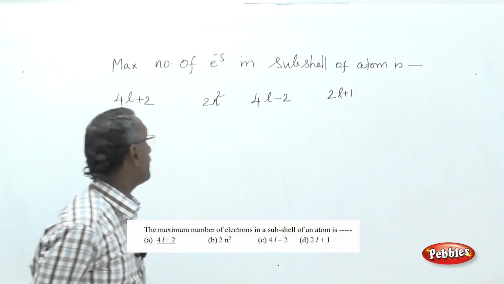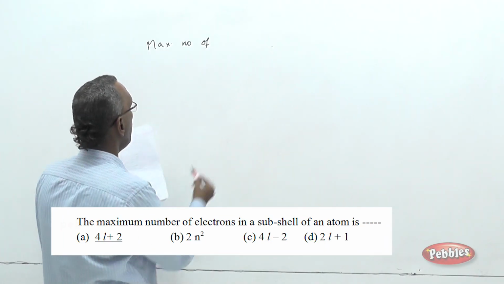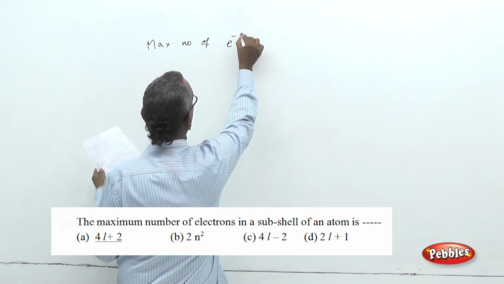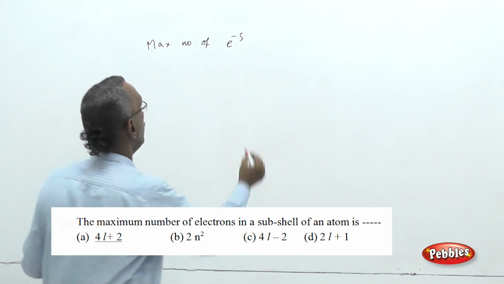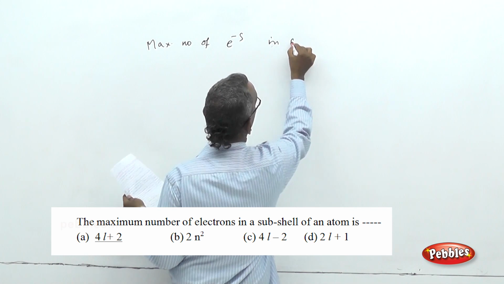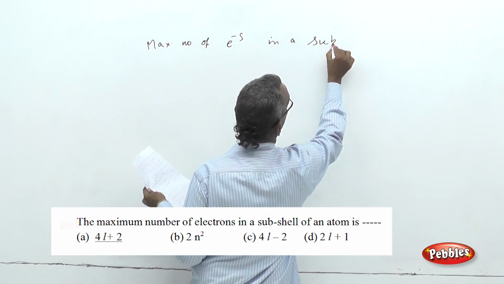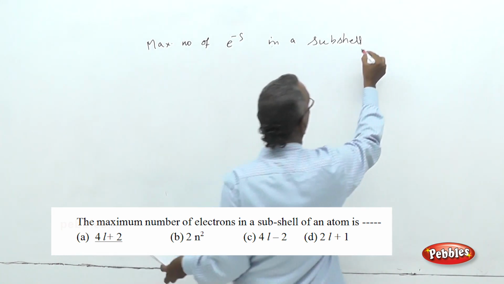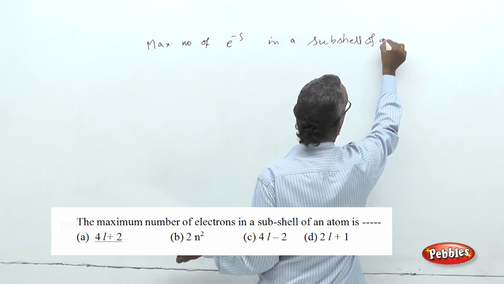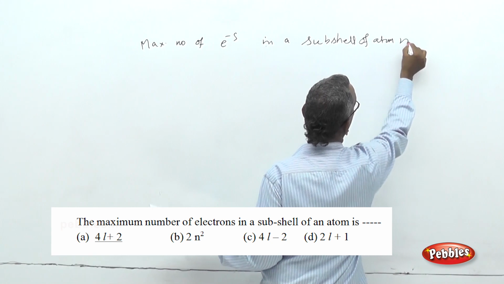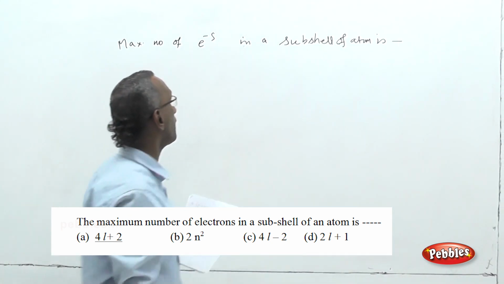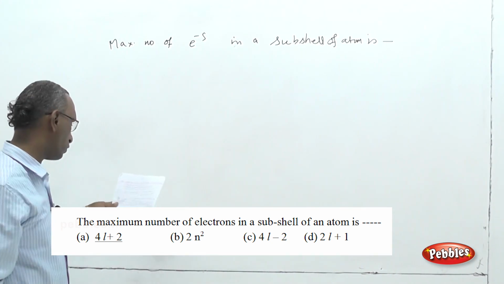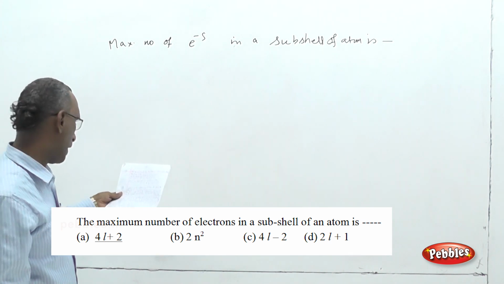Now the question reads: maximum number of electrons in a subshell of an atom is.